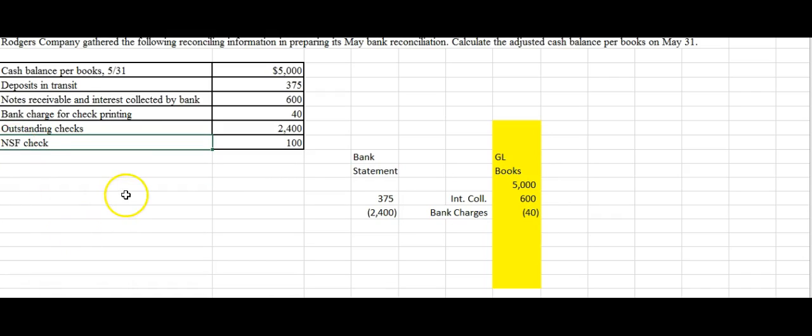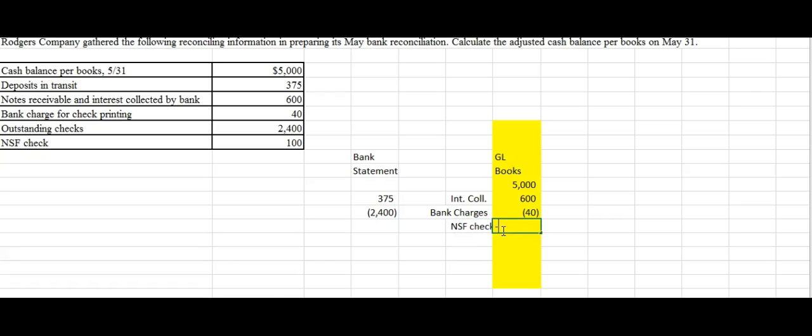NSF check. An NSF check is a check that you got from one of your customers. Okay, you put it over here. But what happens? You found out from the bank that now it doesn't have sufficient funds, right? So the bank did not credit you your money because that check did not have sufficient funds.